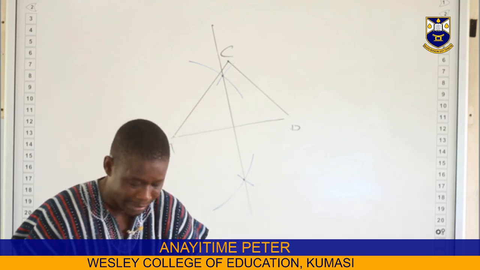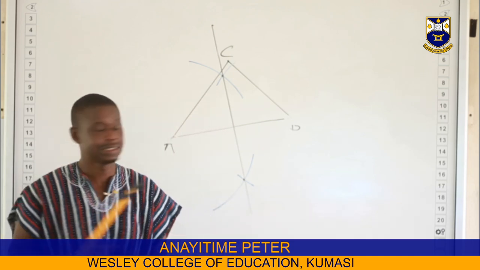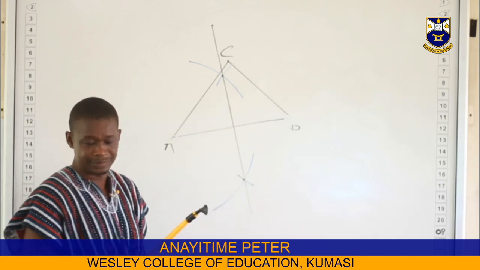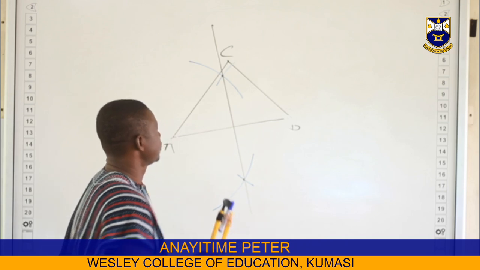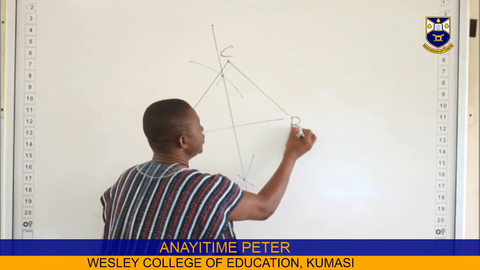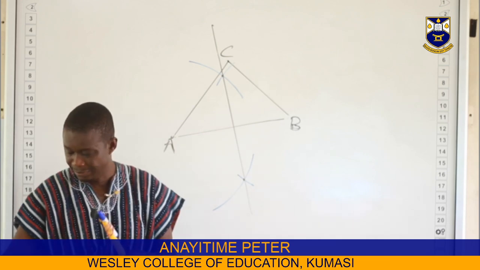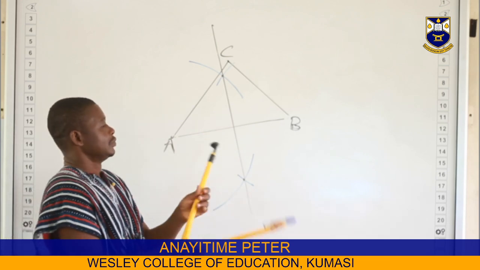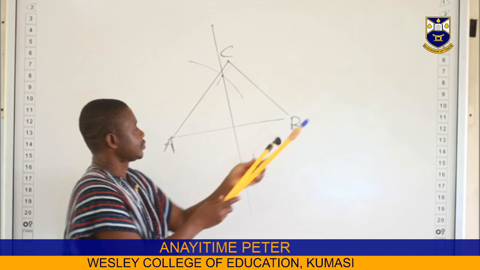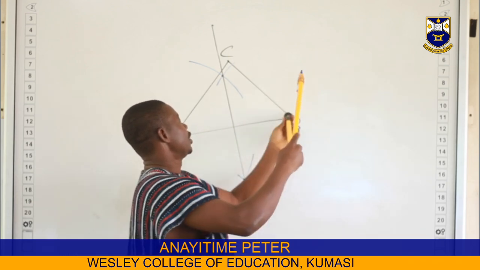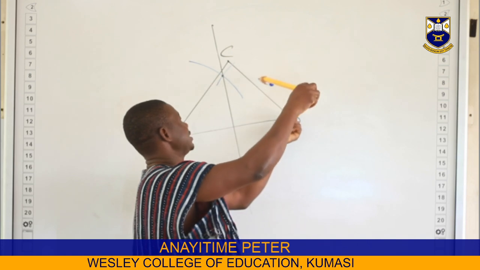We are going to bisect another segment. So this time let's bisect BC. I open the compass more than half of the line to be bisected.